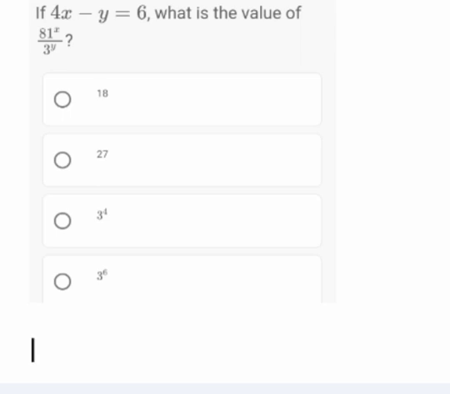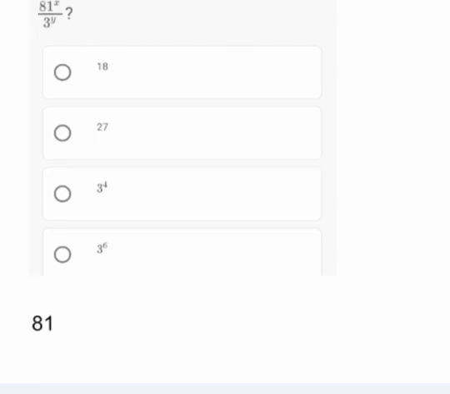So we have 81 raised to power x divided by 3 raised to power y.